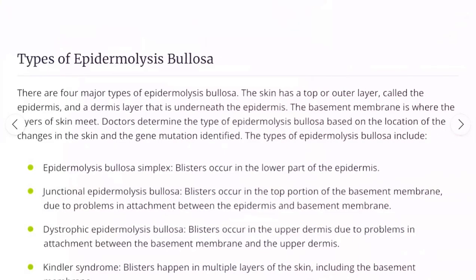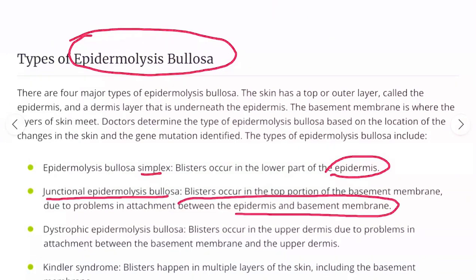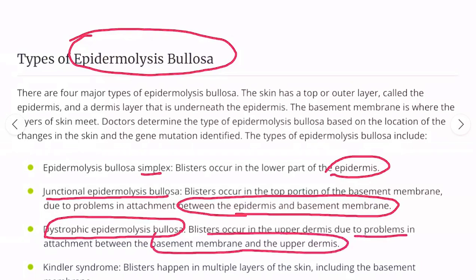For dermoepidermal, see here, there are types of epidermolysis bullosa. We need to know which layer is affected. In simplex, the epidermis is affected. In junctional, the dermoepidermal junction is affected. In dystrophica, there is also a defect in the dermoepidermal junction, with the problem between the basement membrane and the upper dermis.